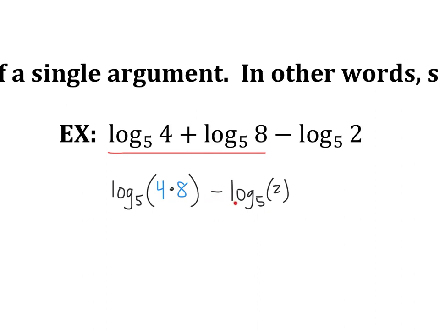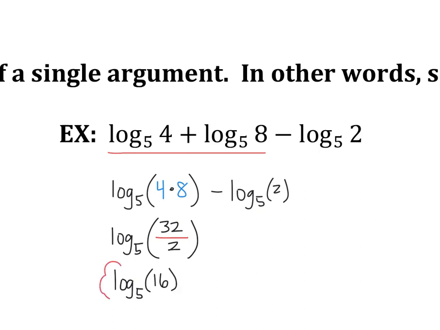So what are we going to do to those arguments? Hopefully you recognize we're going to divide them. So we get log base 5 of 32 divided by 2. Okay? So now the last thing we have to do is just simplify completely. So 32 divided by 2, we end up with our final answer, log base 5 of 16. And there we have it.